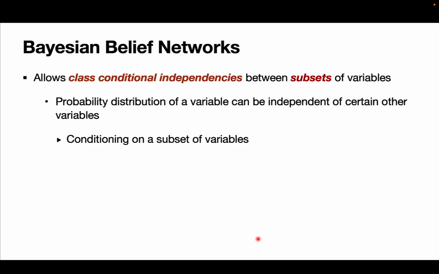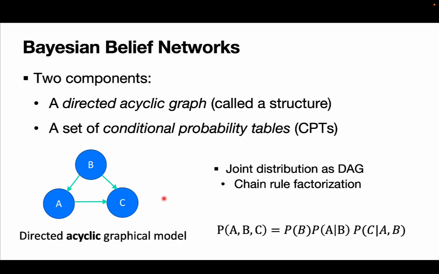And this is very important because when we have the probabilities and capture the dependencies, we can use conditional probability on a subset of these features to make inferences that allow answering specific questions. In this simple example, we have B as an independent variable. A depends on B, C depends on both A and B.